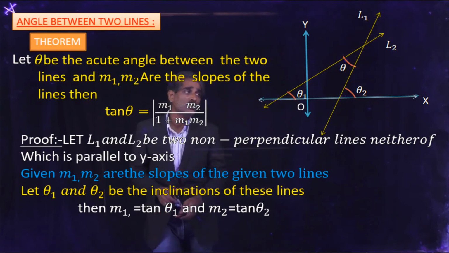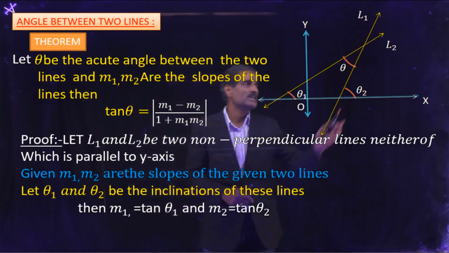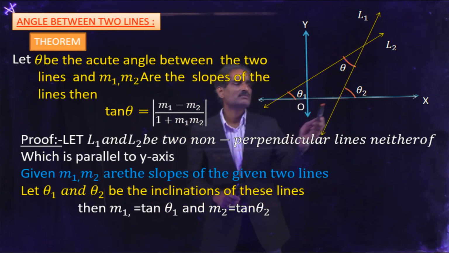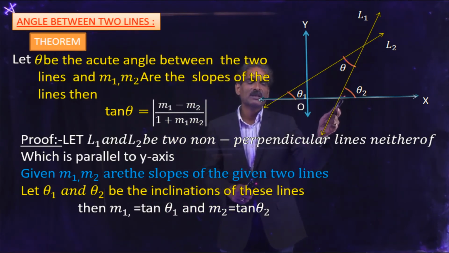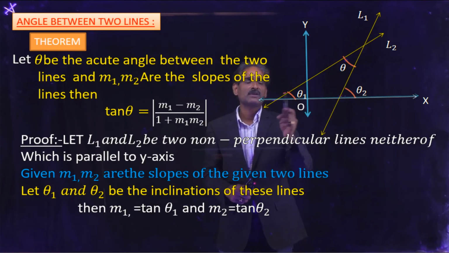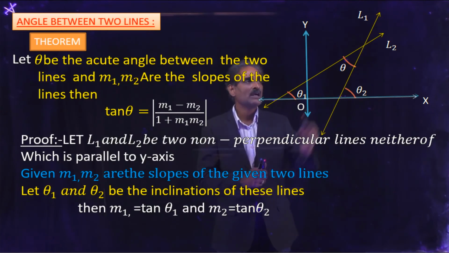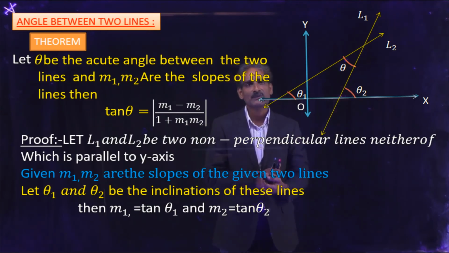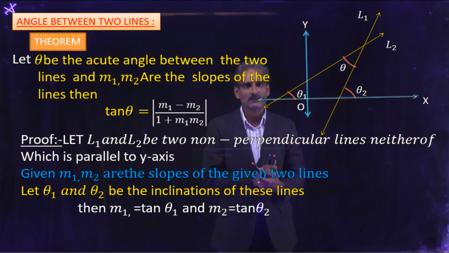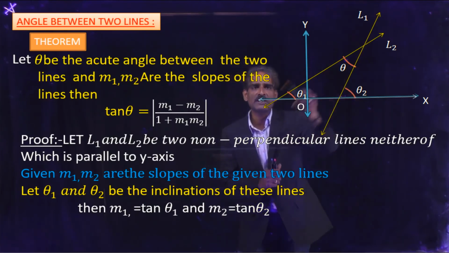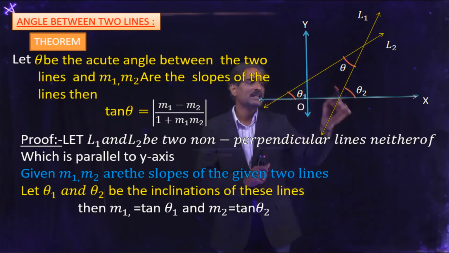Okay, so now see this figure. These are the two lines. This is the first line, this is the second line. The inclination of this line is theta 2 and the inclination of this line is theta 1, and the angle between them is theta. We have to find out tan theta. So what is the relation between these three angles? These two are internal angles, this is the external angle.